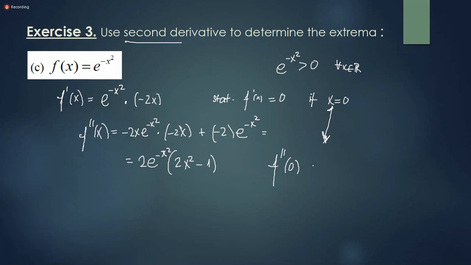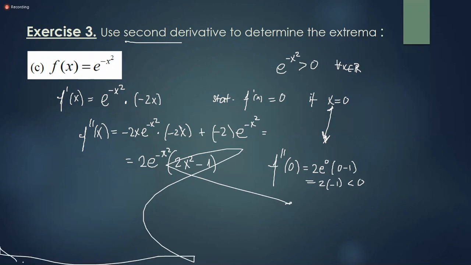The second order derivative at 0 is 2e to the 0 power times 0 minus 1. We know that e to the 0 power is 1, so it's 2 times minus 1, it's negative, which means that, okay, I'm sorry.